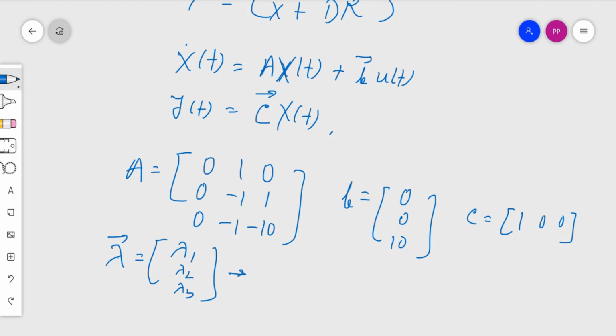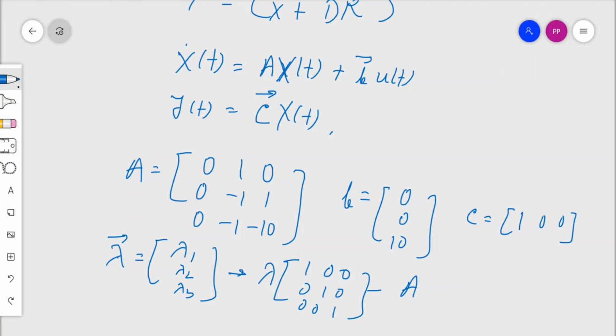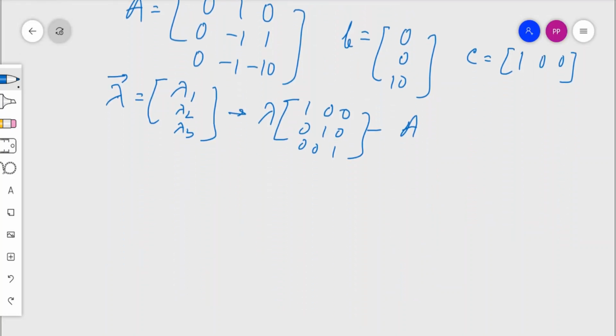So from here I have obtained lambda times the identity matrix, 1 0 0, 0 1 0, 0 0 1. Then we have this minus the matrix A. Using this we can obtain a special characteristic equation, which is the determinant of lambda I minus A equal to 0.